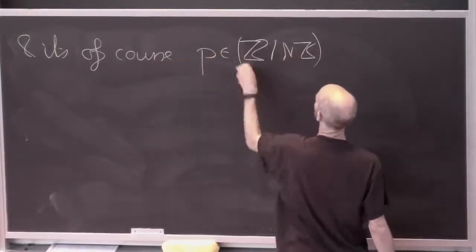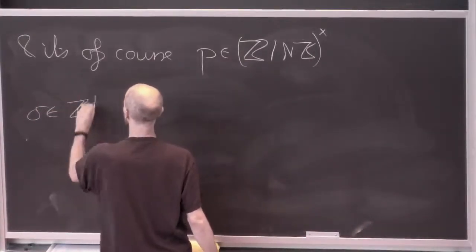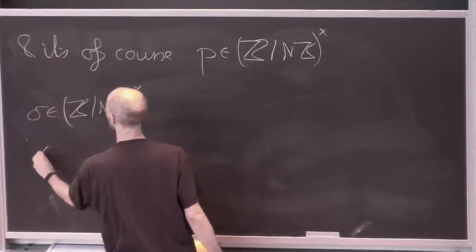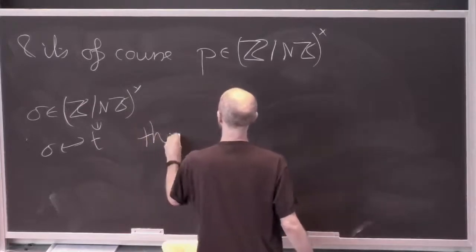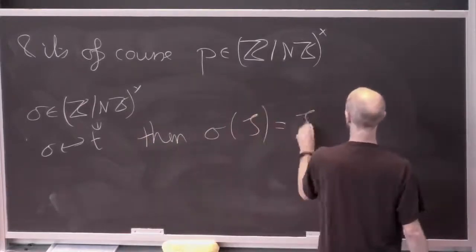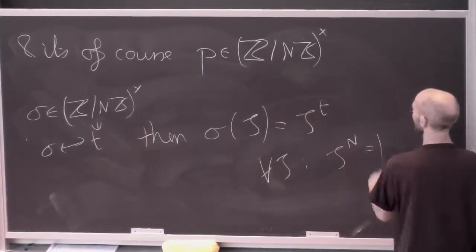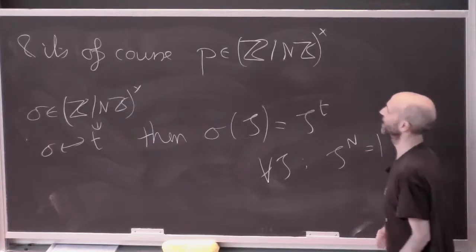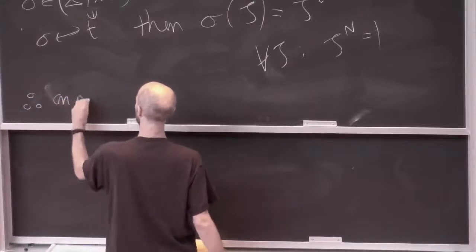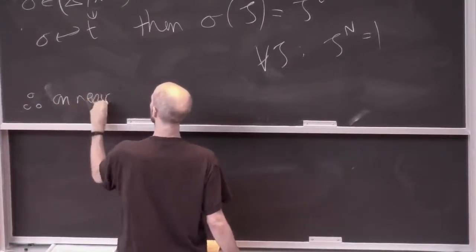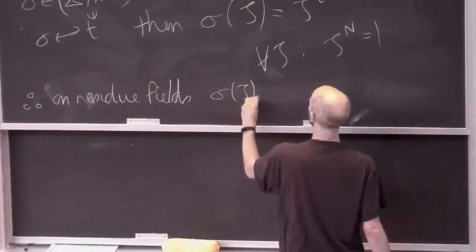How can you tell this? Because remember, what does it mean if sigma is in (Z/nZ)*? If sigma corresponds to t in here, then by definition, sigma of zeta equals zeta to the power t, for all zeta such that zeta to the power n is 1. Sigma of zeta is zeta to the t, and so therefore, on residue fields, sigma of zeta will be zeta to the t as well.